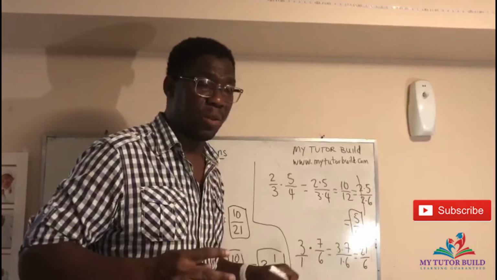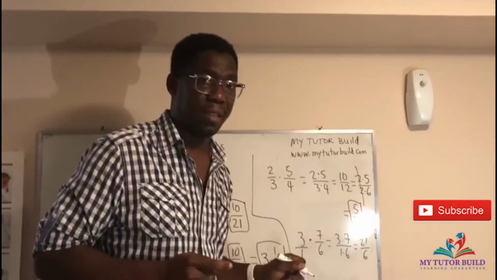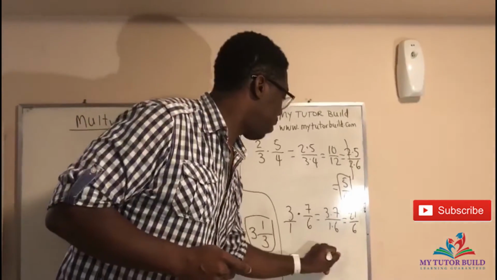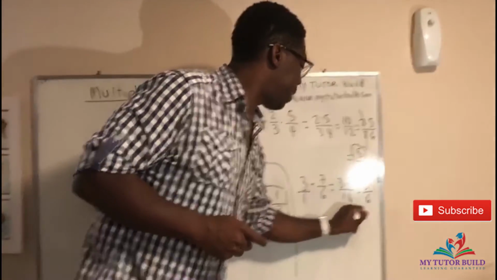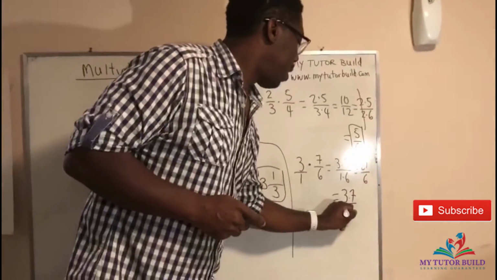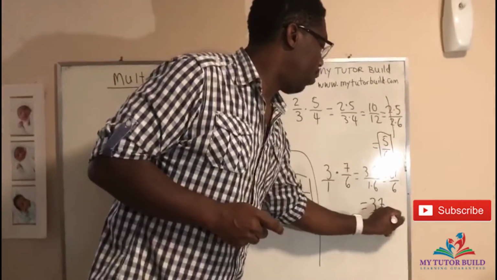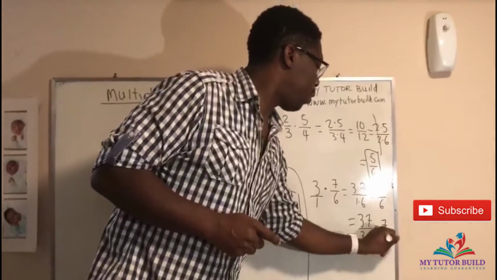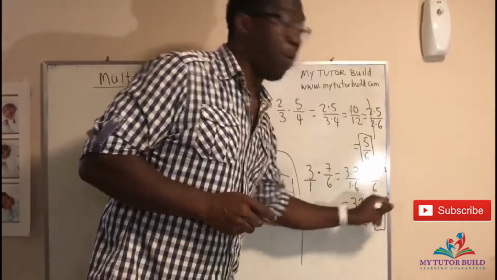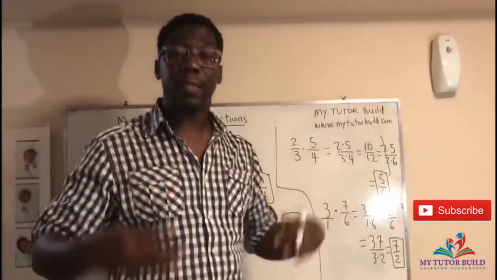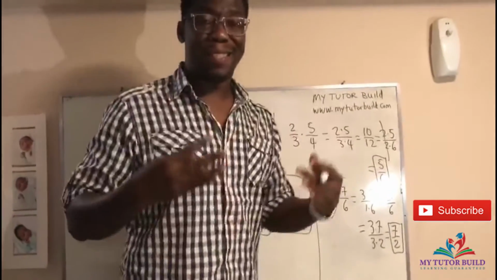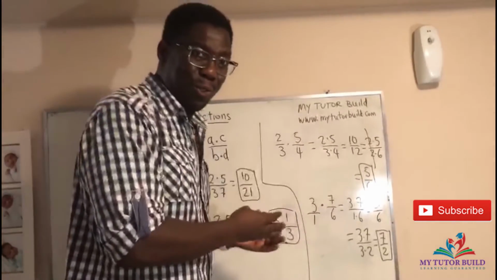Yes, 3. So we have 3 times 7 over 3 times 2. When we cancel out the 3, we have 7 over 2 left. That's an improper fraction, but we can always convert it to a mixed number if we're asked to do so.